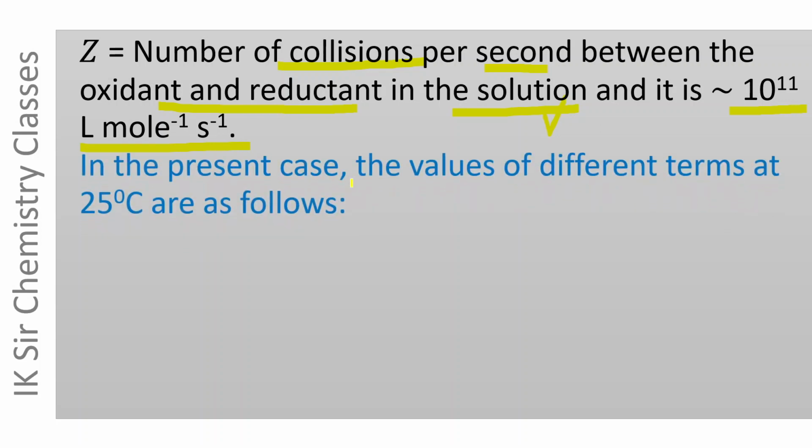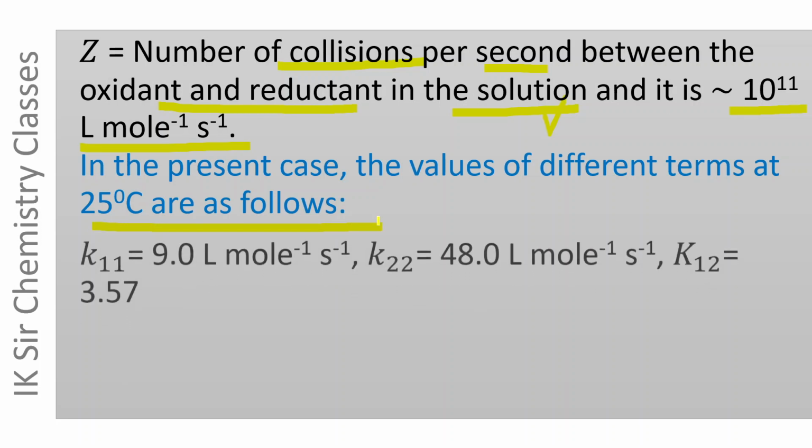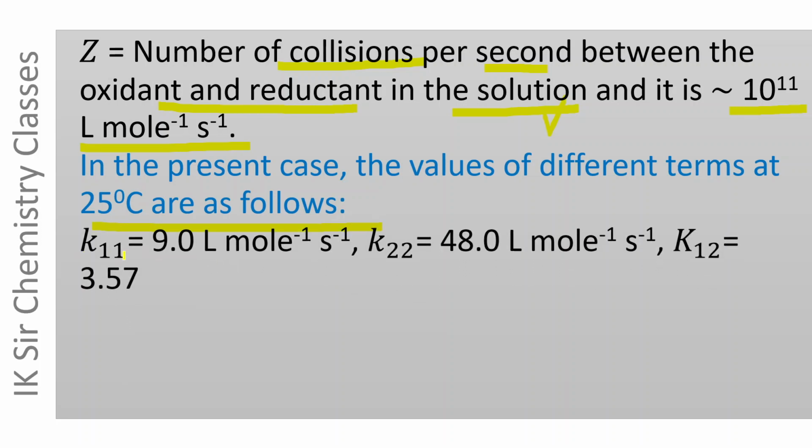In the present case, the values of different terms at 25 degrees centigrade are as follows. The value of K11, that is the velocity constant for electron self exchange reaction number 1, is 9 liter per mole per second. Please note that the reaction is of second order, and hence the unit of velocity constant is liter per mole per second.